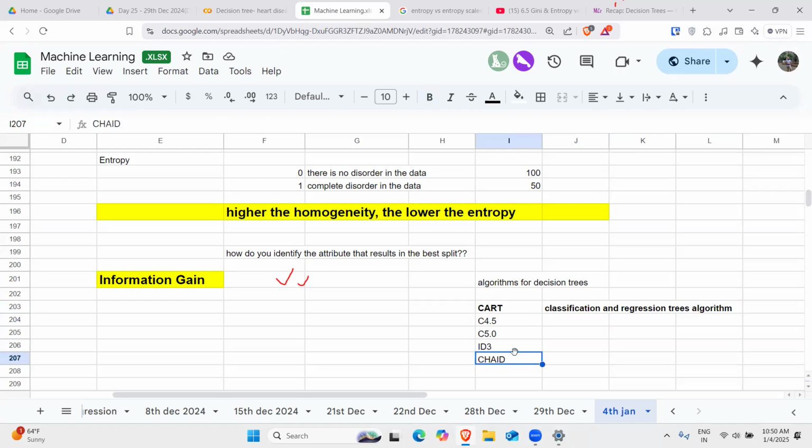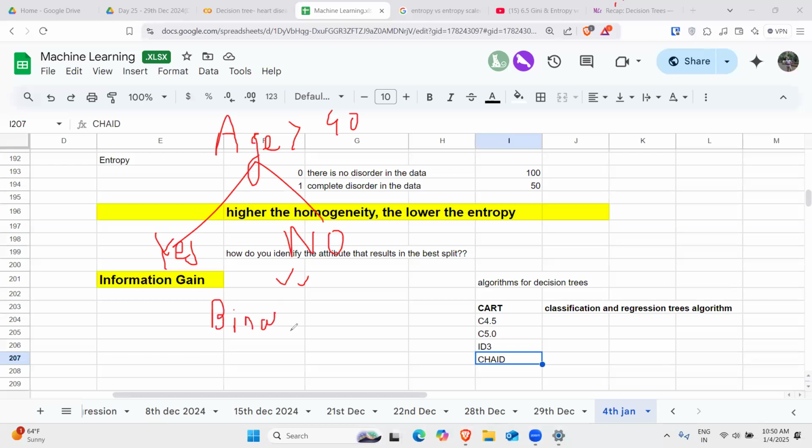These are some algorithms that we also use for decision trees, right? Now, just consider the scenario where you have a split as age greater than 40, whether it is yes or no, and you have a binary decision tree. This is known as a binary decision tree. We have only two subsets, yes or no. What about another one?